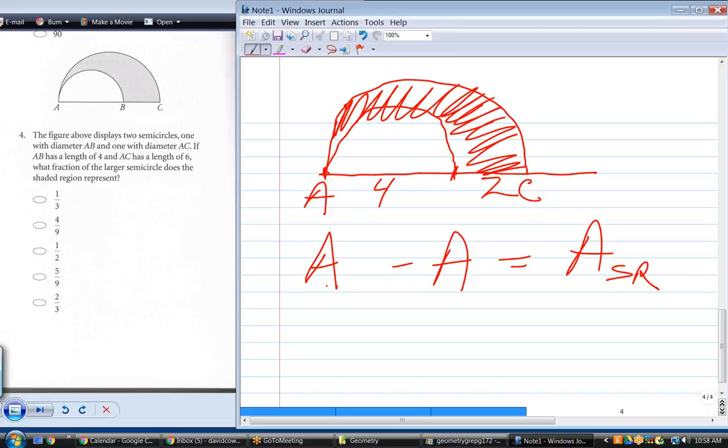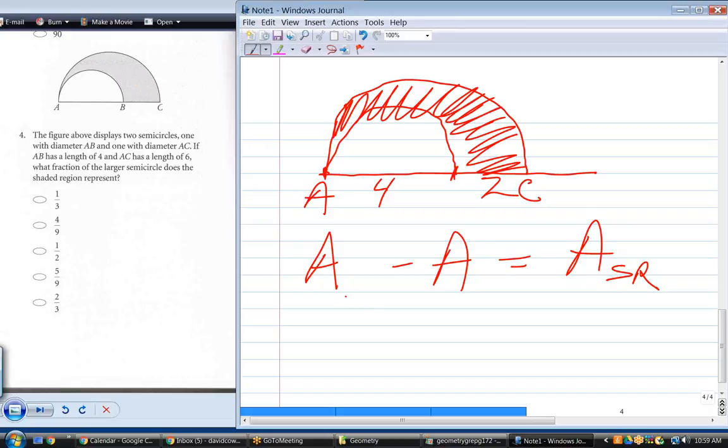No, what's the area of the big thing? In other words, we're going to get this area by finding the area of the big semicircle and subtracting out the area of the little semicircle. In other words, take the big minus the white, and we're left with the gray.